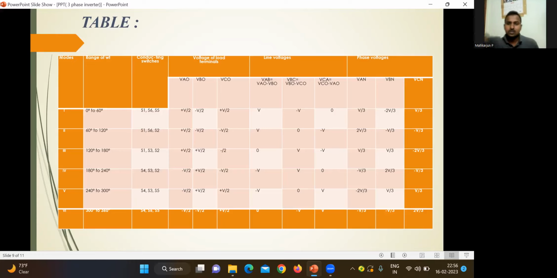These are the phase voltages VAN, VBN and VCN in the second mode.